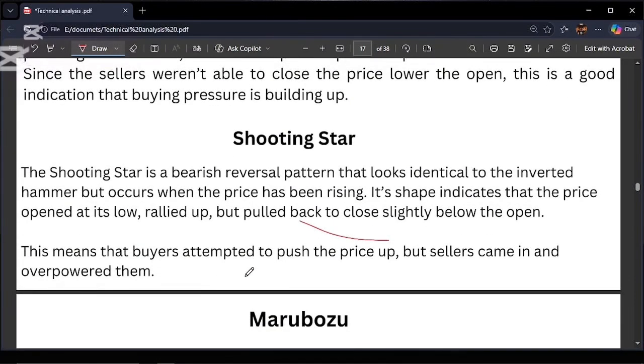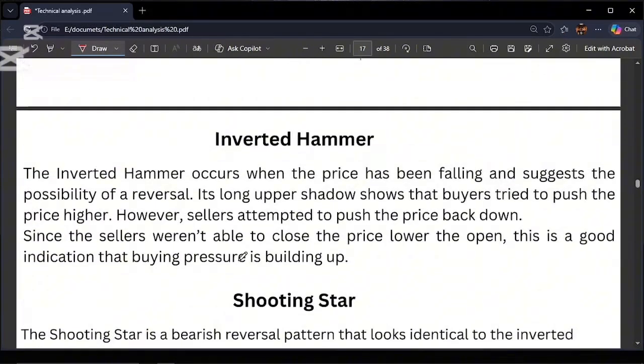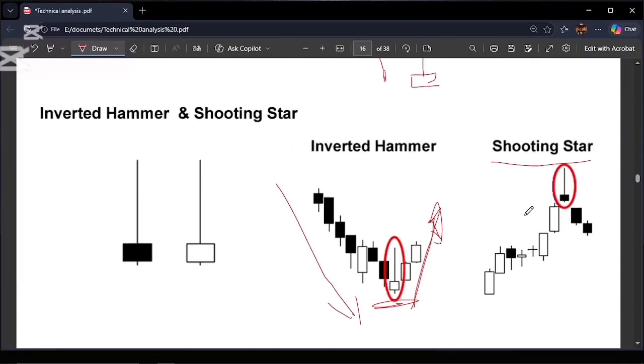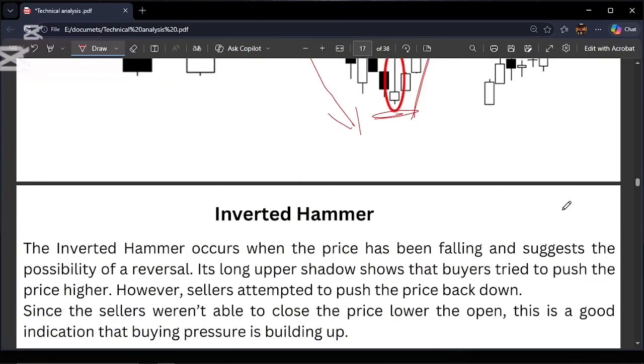That means that buyers attempted to push prices up, but sellers came and overpowered them. So the moment you see such a candlestick during an uptrend, wait till you confirm that buyers are exhausted, then you press a selling order.